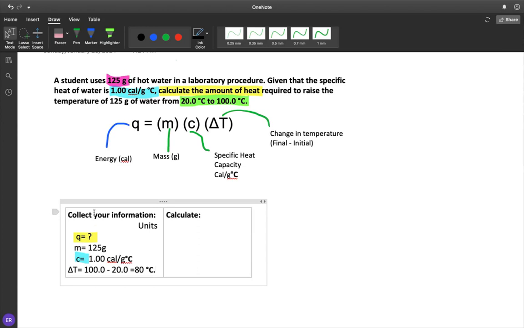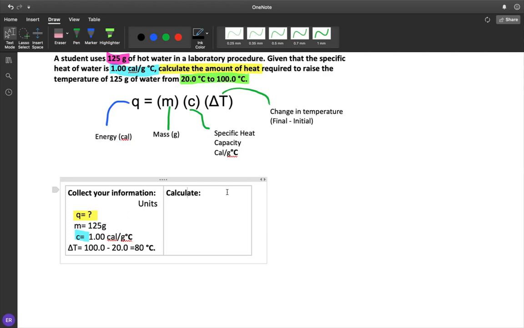Now we have collected all of our information. We have our M, we have our little c, and we have our triangle T. Now we can plug it all in and multiply to find our Q. Our M is 125, so 125 times our C, which is 1.00, times our triangle T, which is 80 because we already did the math.